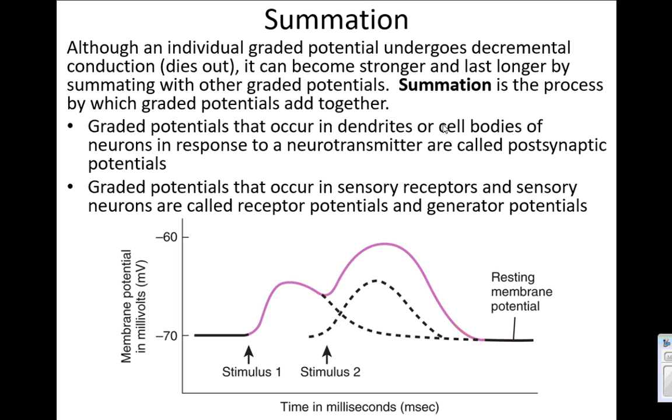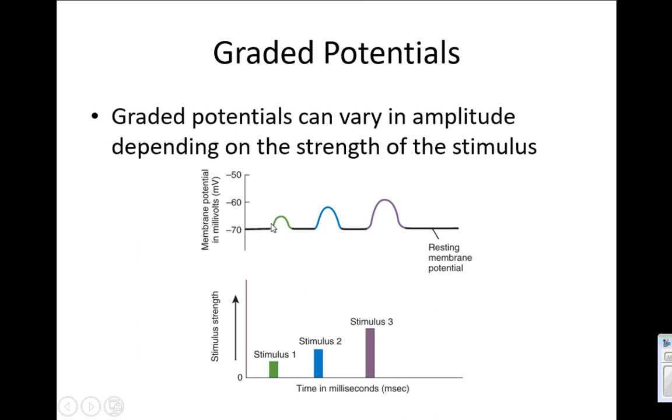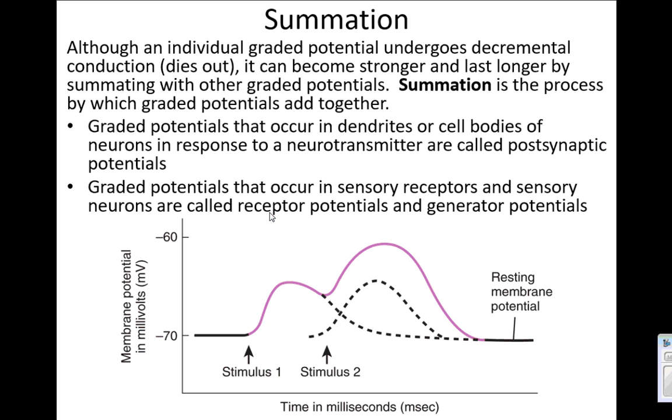On the previous page, we showed what happens if you do a stimulus and then let the graded potential die off, what we call decremental conduction, where it returns back to resting membrane potential. If you zap it with another stimulus before returning back to resting membrane potential, and these 2 stimuli are the same strength, you would think that the second graded potential would top off at the same point.